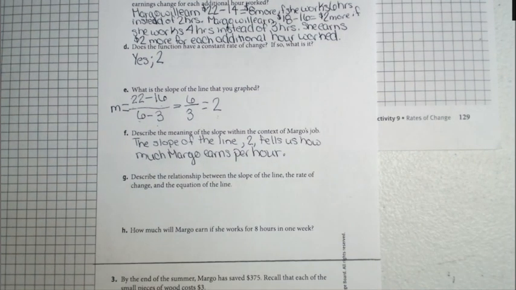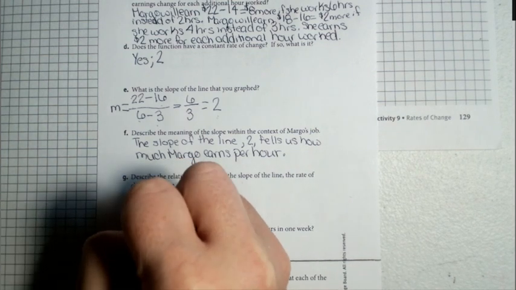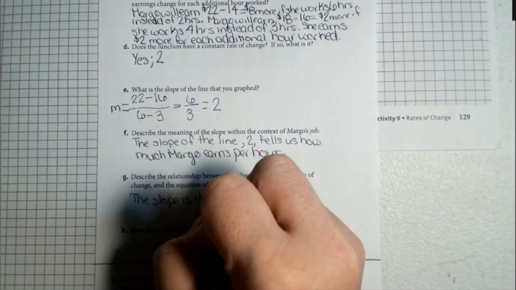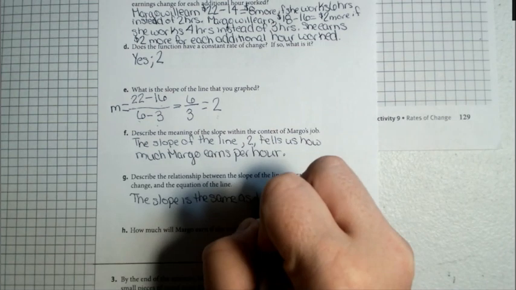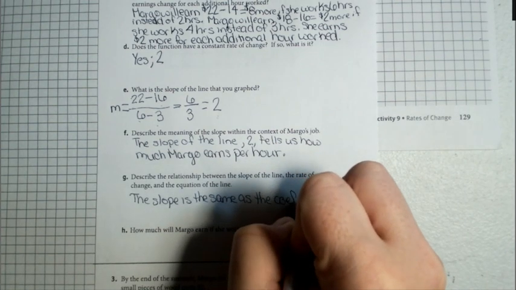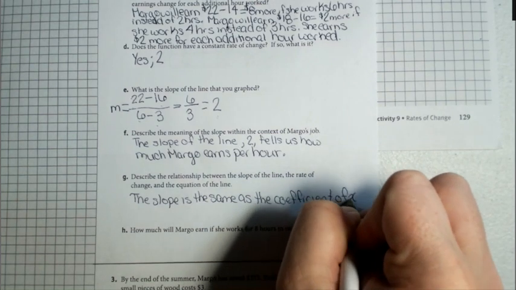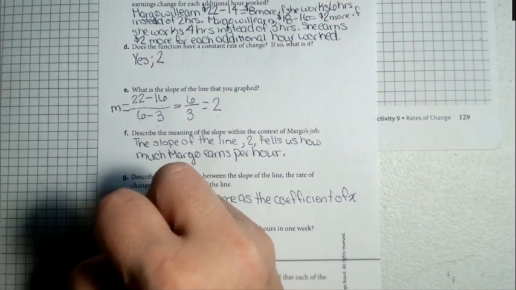Describe the relationship between the slope of the line, the rate of change, and the equation of the line. The slope is the same as the coefficient of x in the equation of the line.